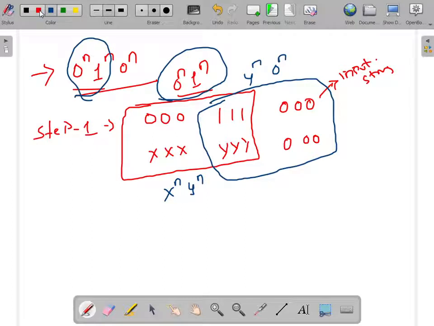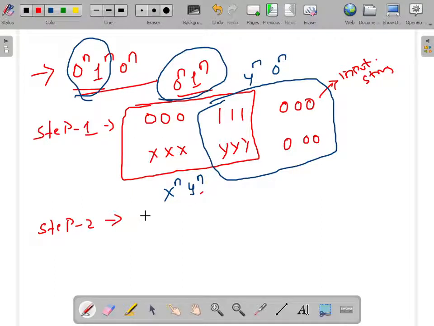Now step 2. In step 2, build a similar Turing machine to recognize y power n, 0 power n. So this x power n and y power n we already solved.